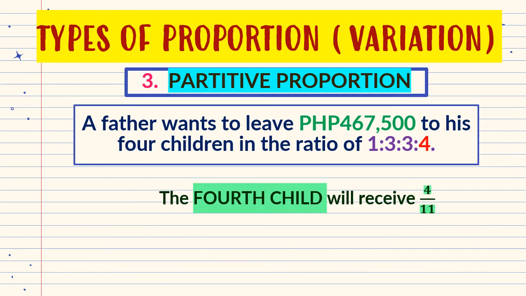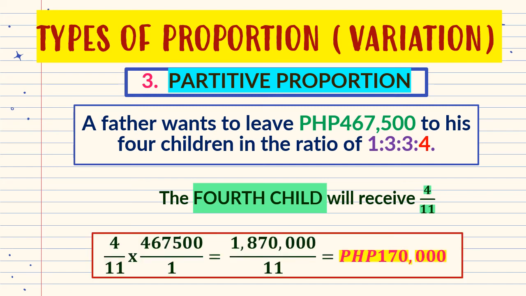The last one, the fourth child, will receive 4 over 11. Same procedure: 4/11 times 467,500, and then we get 1,870,000 over 11. Then we will divide it. The fourth child will receive 170,000.